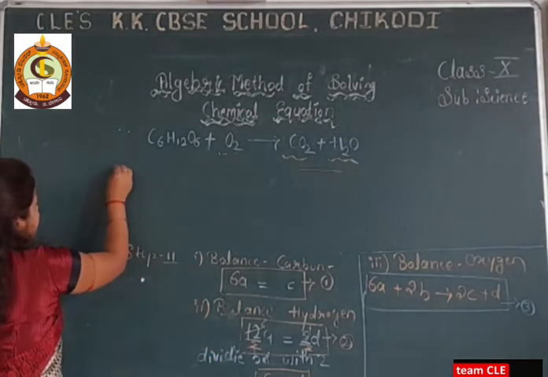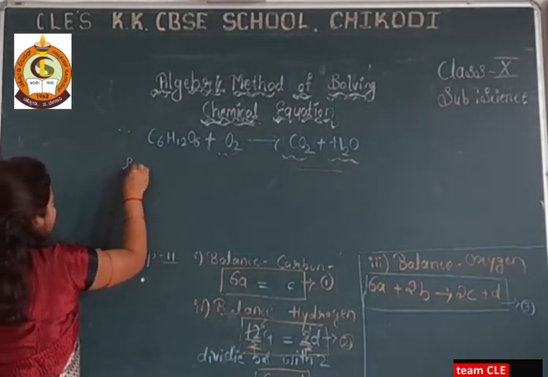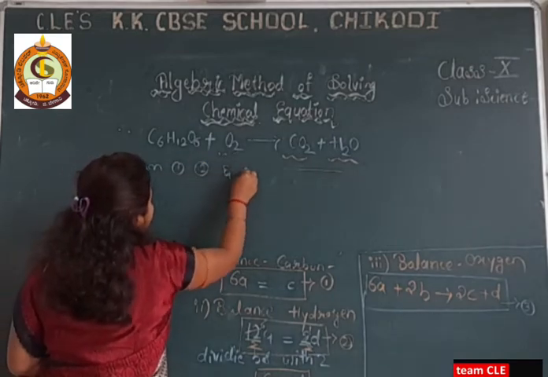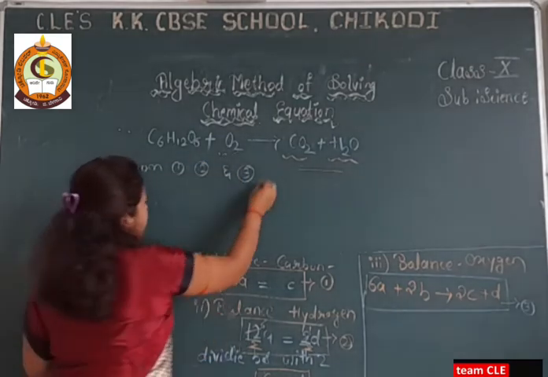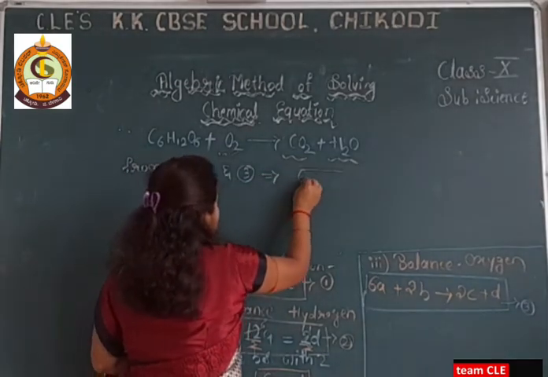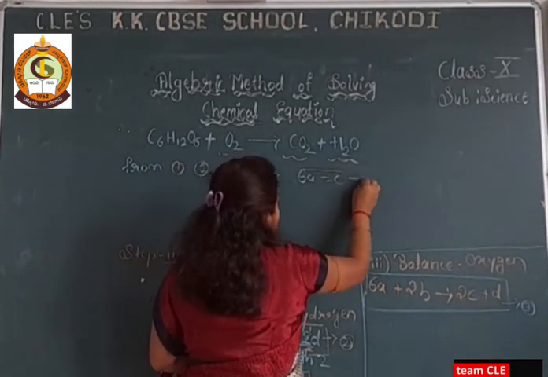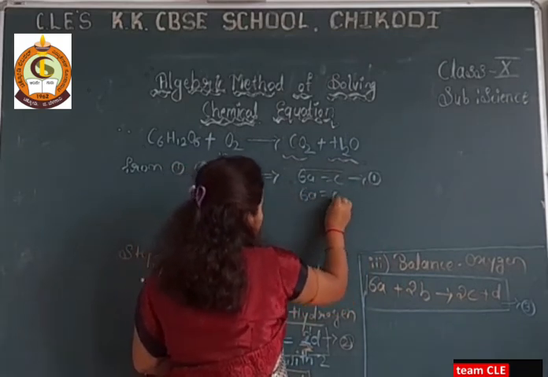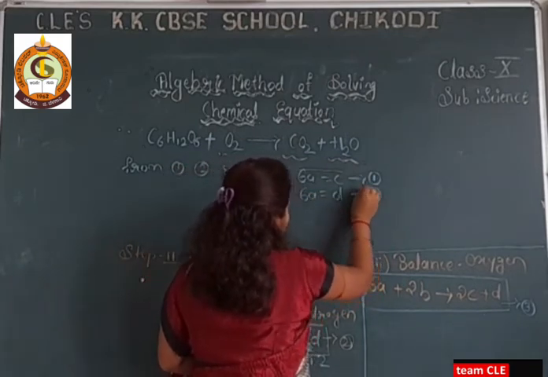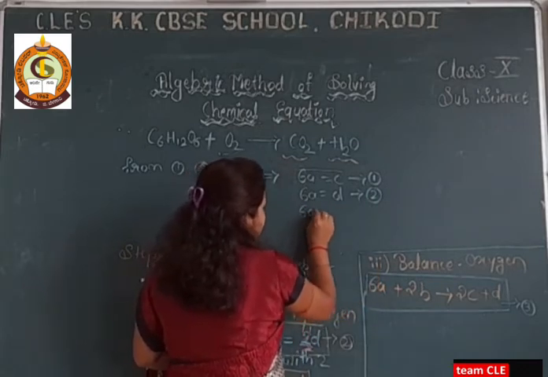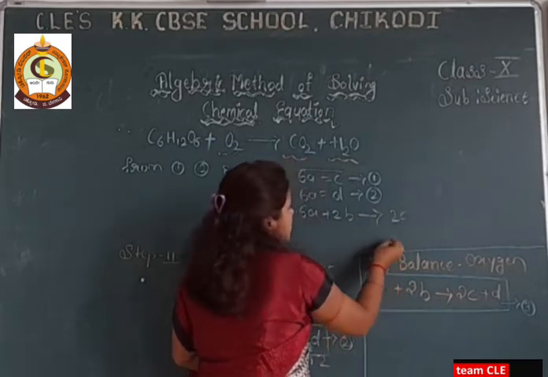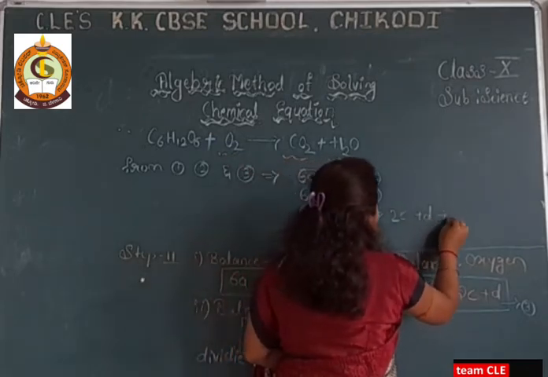So here, 6A is equal to C as equation number 1, 6A is equal to D as equation number 2, 6A plus 2B gives rise to C plus D as equation number 3.